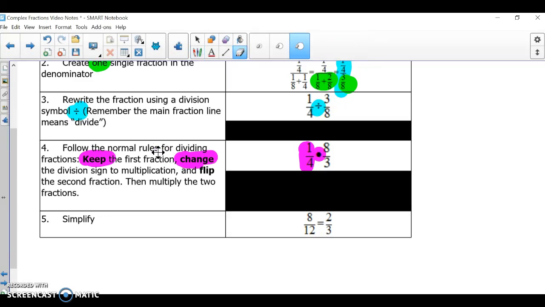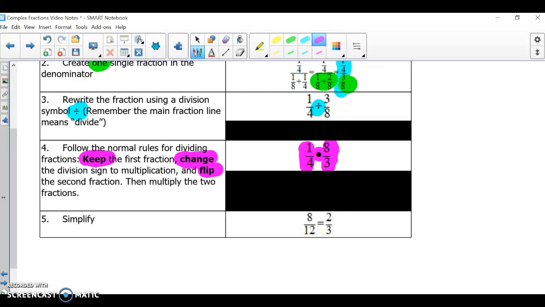and then we flip, in which we flip the second fraction upside down. By flipping the second fraction upside down, we're allowed to make this multiplication. And multiplication is so much easier.